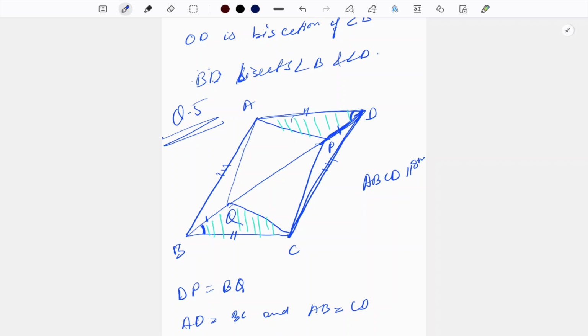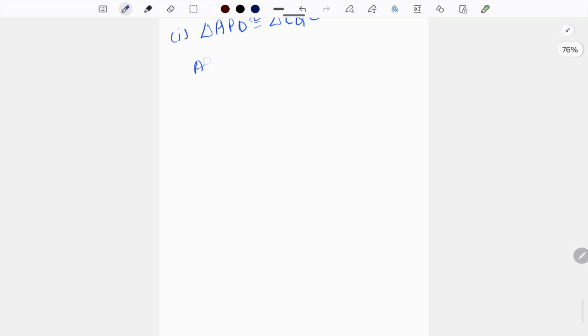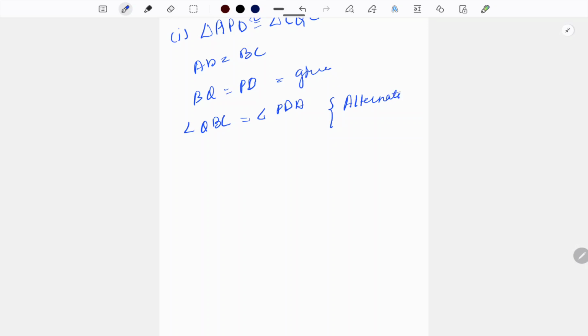Now we are going to write this up. AD is equal to BC, opposite sides of parallelogram are equal. BQ is equal to PD, already given, and angle QPC is equal to angle PDA because alternate angles of transverse on parallel sides are equal.